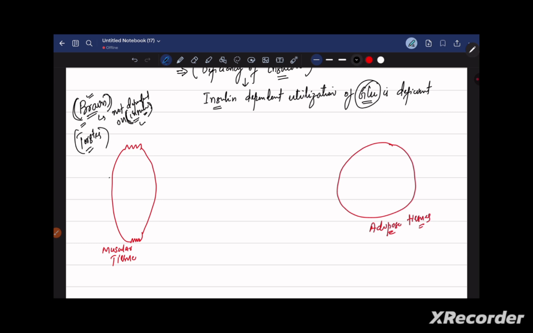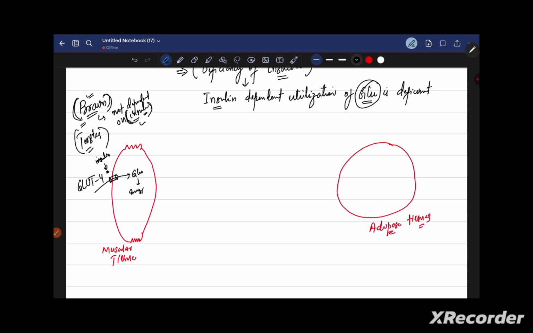These tissues have a special type of receptor known as GLUT4 receptors. These GLUT4 receptors function only in the presence of insulin. When insulin binds to these receptors, the GLUT4 receptors become active and take the glucose inside and generate energy.